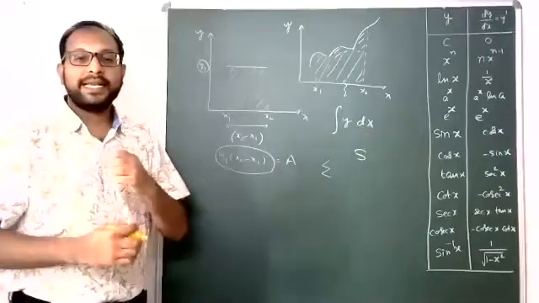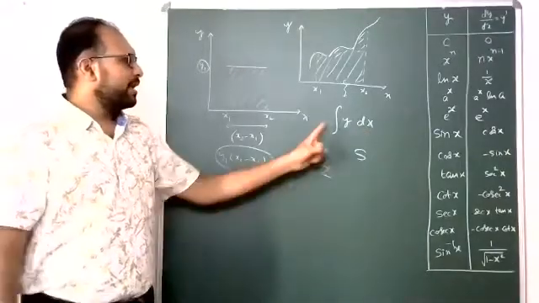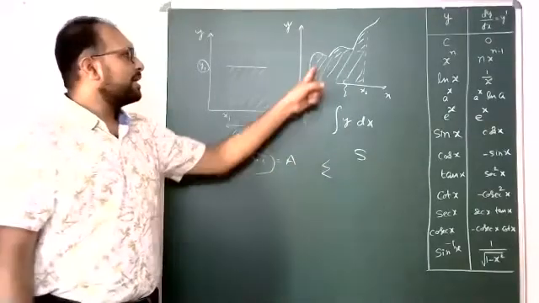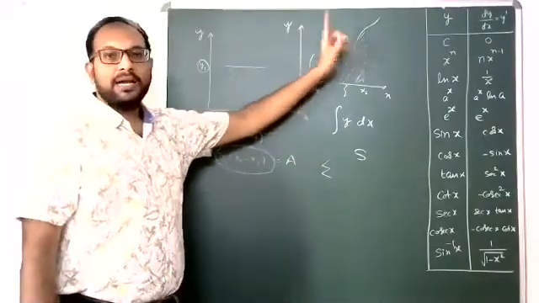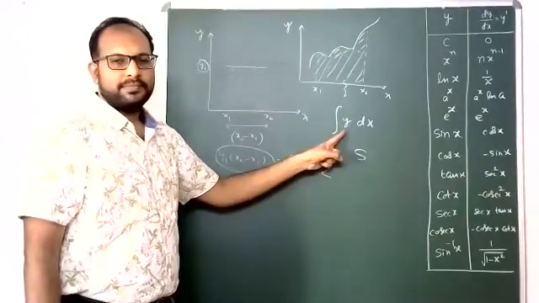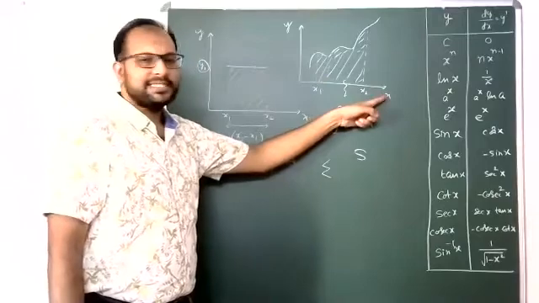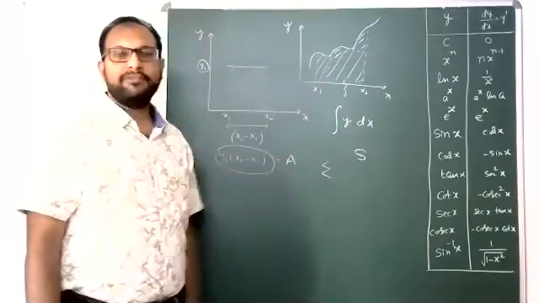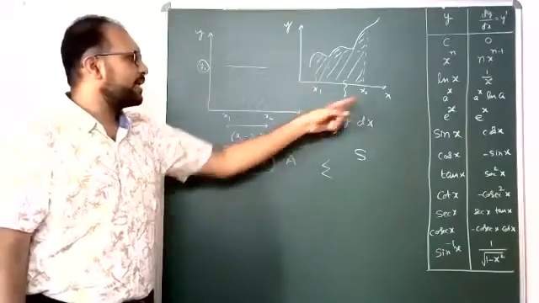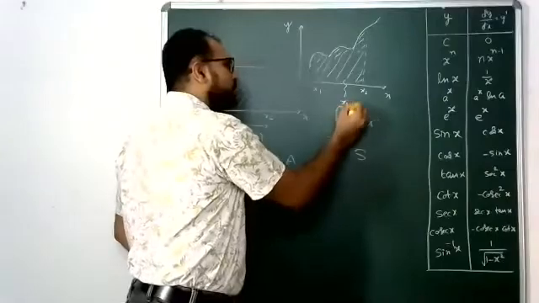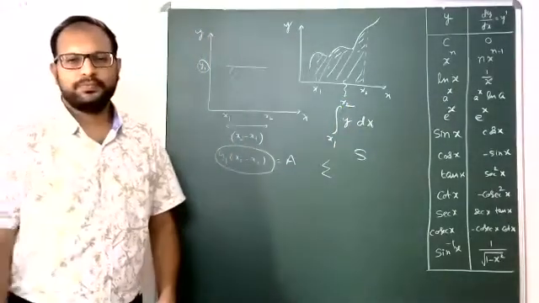But what is the technical mathematical meaning? Integral y dx is nothing but the area under this graph, the graph represented by the function y, on the x-axis, with small strip length dx. But from where to where is the area? From x1 to x2, lower limit x1 to upper limit x2.